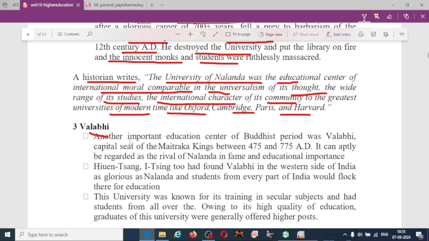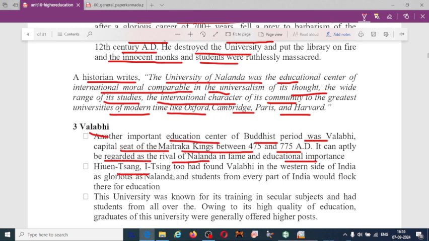3. Vallabhi. Another important education center of Buddhist period was Vallabhi, capital seat of the Maitraka kings between 475 and 775 AD. It can aptly be regarded as the rival of Nalanda in fame and educational importance.